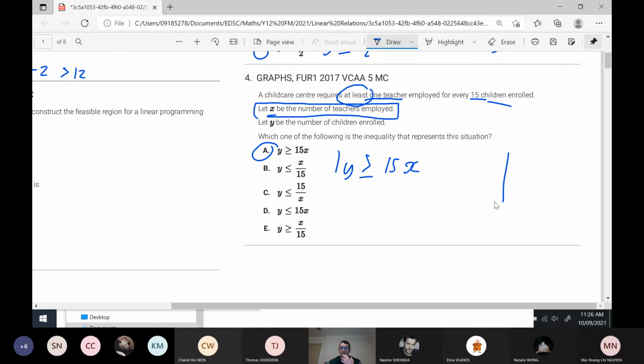Let me do my graph of it. So if teachers is X, so it's going to be 1, and Y is children, X is teachers. That's why I prefer the graphing method. I always prefer that one rather than that, but it should work still. So I know X is teachers, that's going to be 1, 15.